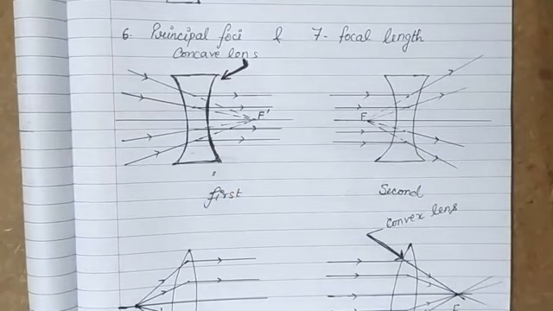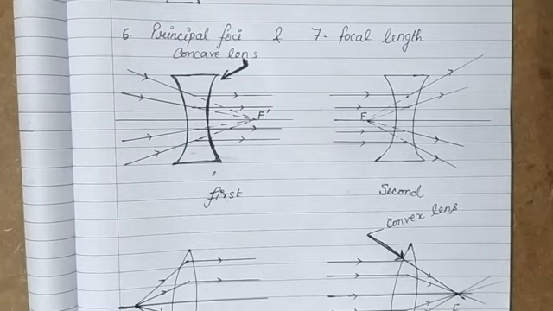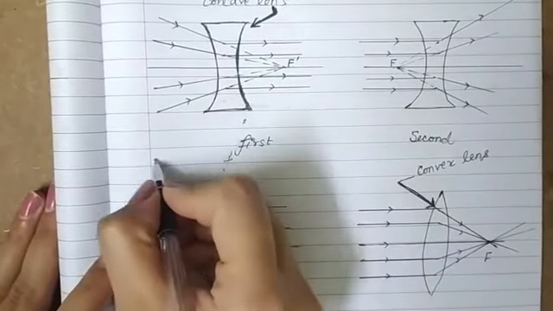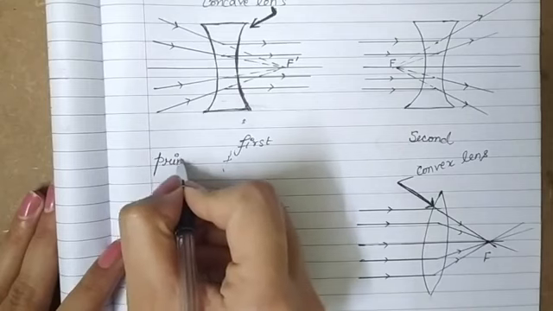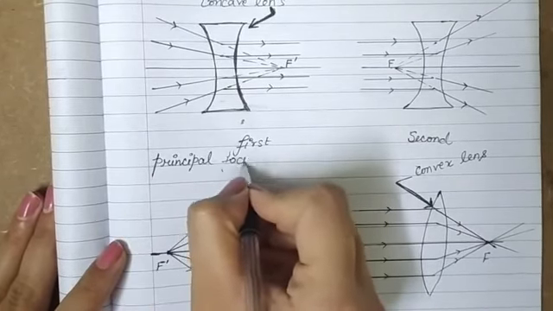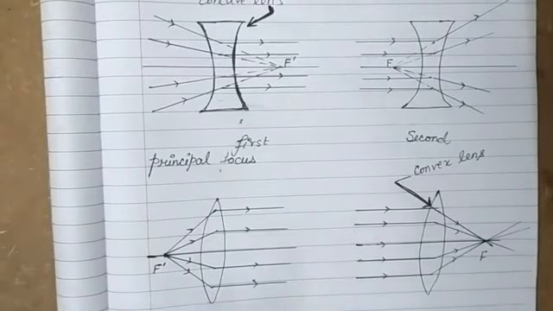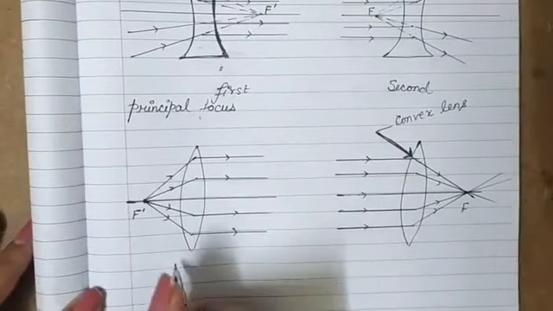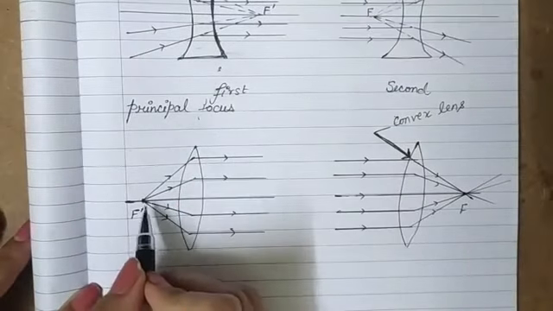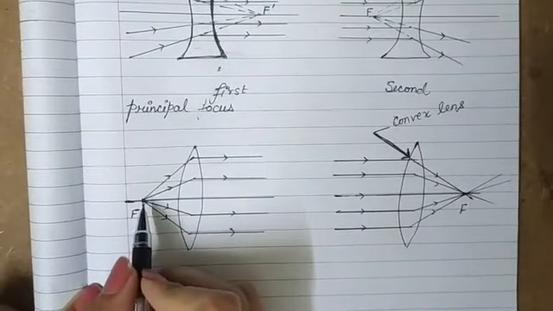Now for this, first I am describing first focus, then I'll move to second principal focus, and then focal length. So first we are discussing first focus or first principal focus of both convex as well as concave lens. So first for convex lens, this is convex lens. For convex lens, first principal focus is a point, here denoted by F dash.